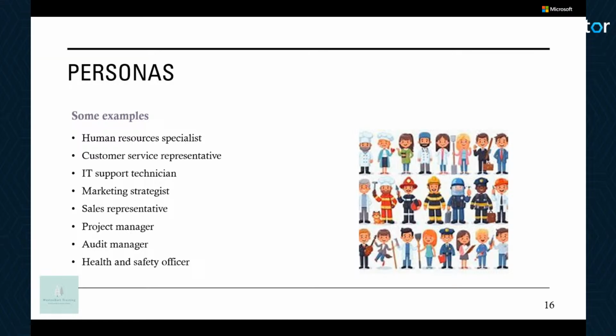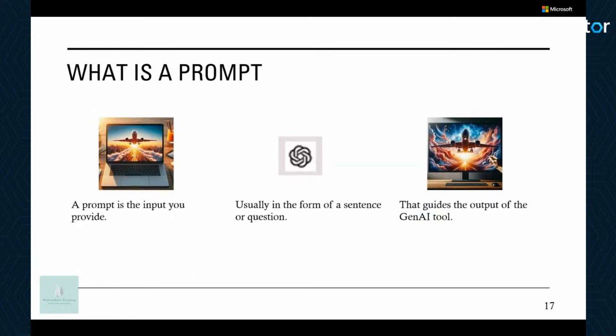So instead, ask for project manager of 30 years experience in industry XYZ with, say, professional qualifications of Prince 2 and the PMP. That way, when it's looking through its data, it will pick out people who are actually more likely to be good project managers and then give you a better quality output.